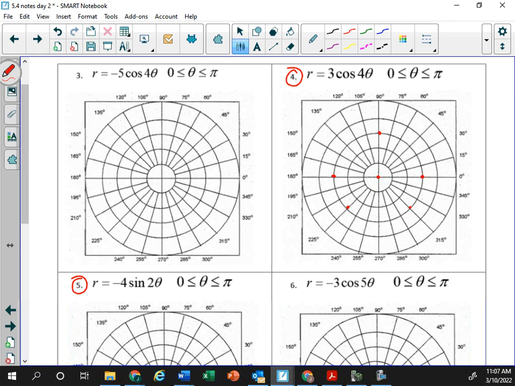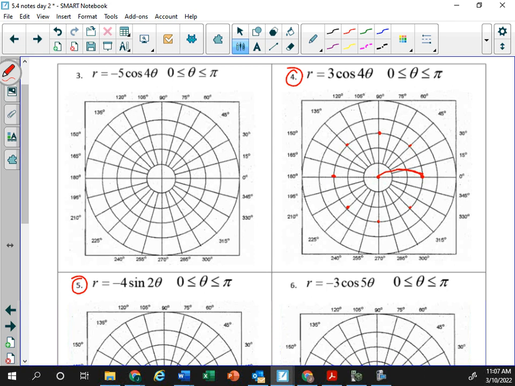Now, guys, I'll plot all the points for 4 just to help you see again how to connect them. It's cosine, so I start out at the maximum over here of 3, and then you go to the pole. And now remember, you're not going to go straight across from it. You're going to go 1 off from being straight across.